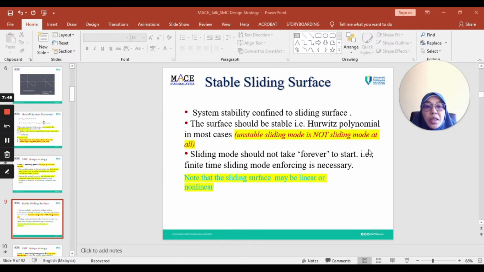Otherwise, it does not exist at all. And then sliding mode should not take forever to start, meaning it has to start in finite time, and sliding mode enforcement is necessary. So we can design our sliding surface to be either linear or non-linear. It's up to us.